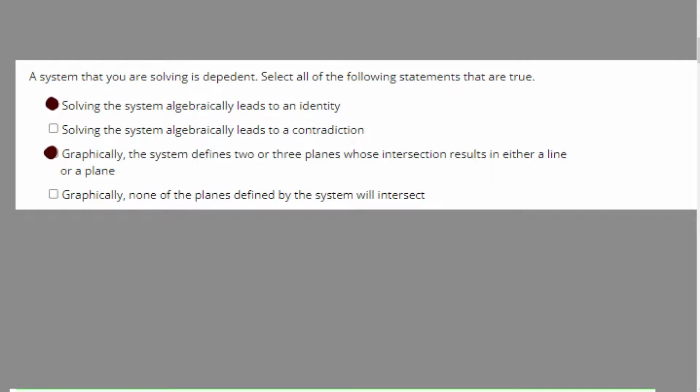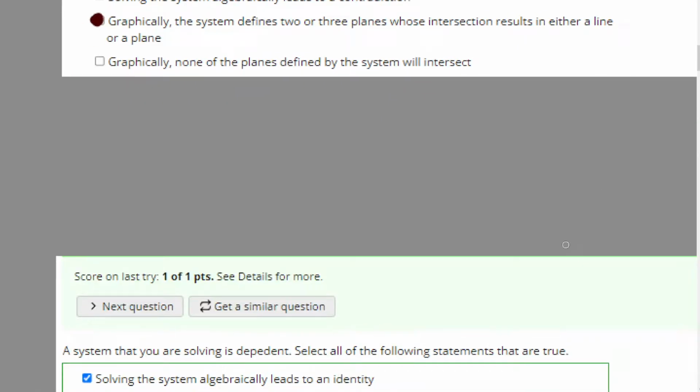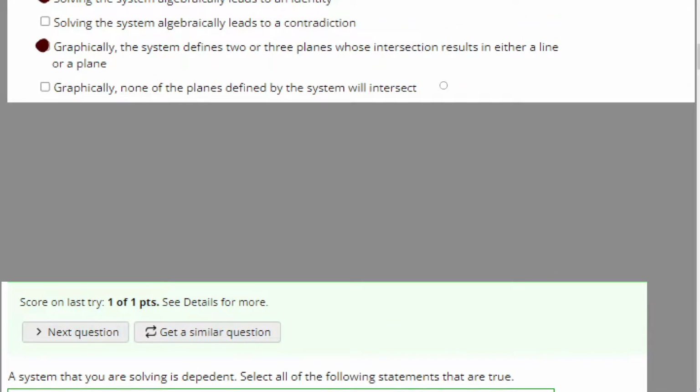I had green on it, and I think it should be this one. So it defines 2 or 3 planes whose intersection results in either a line or a plane, which is like this. So yeah, I think those two should be correct. It's not a contradiction because dependent will have many solutions, and all of the planes will intersect sort of because they're all the same, right?